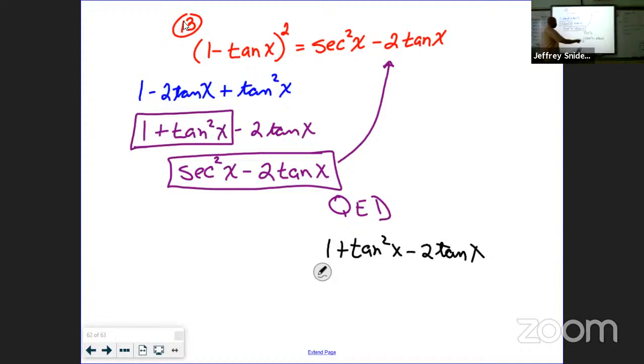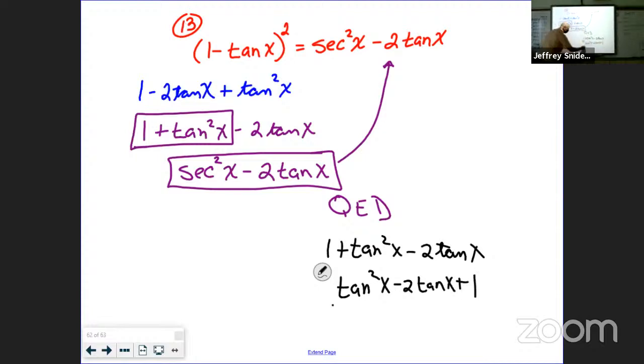If I'm looking at that, I see a quadratic there. You guys see quadratic? If it's quadratic, guess what I'm going to try to do? I need to factor it. If I want to factor it, I should probably write it in standard form, which is tangent squared x minus 2 tangent x plus 1.